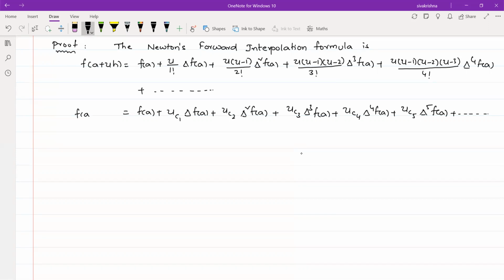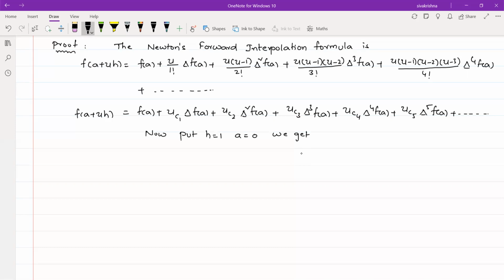In this formula, what we have to do is now put h is equal to 1 and a is equal to 0.